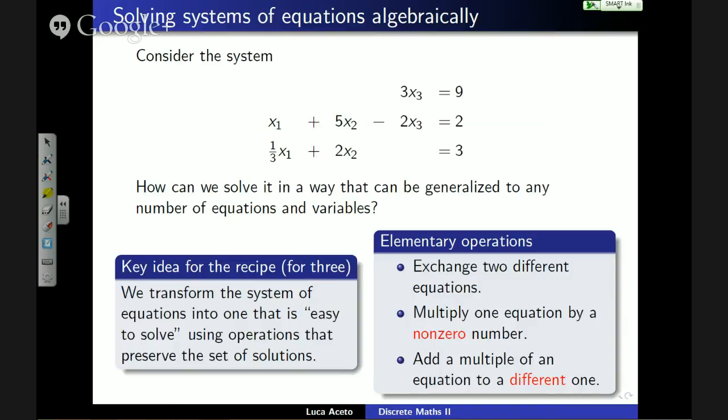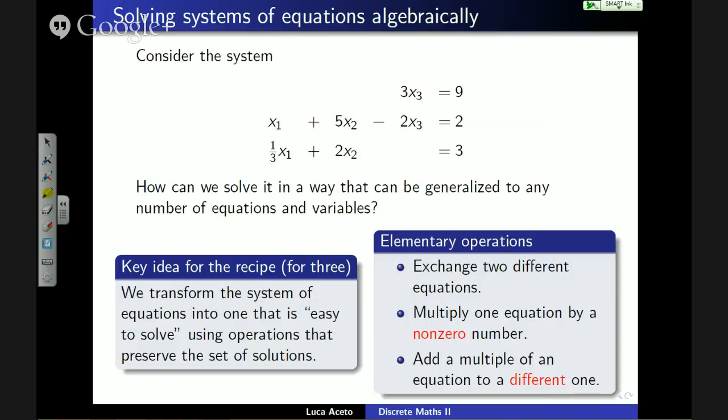You can multiply one equation by a non-zero number. So for instance, I could multiply here the first equation by 1/3. And the result would be x3 equals 3. Which sounds like a desirable result to get, because at that point we know what the value x3 should be in a solution.